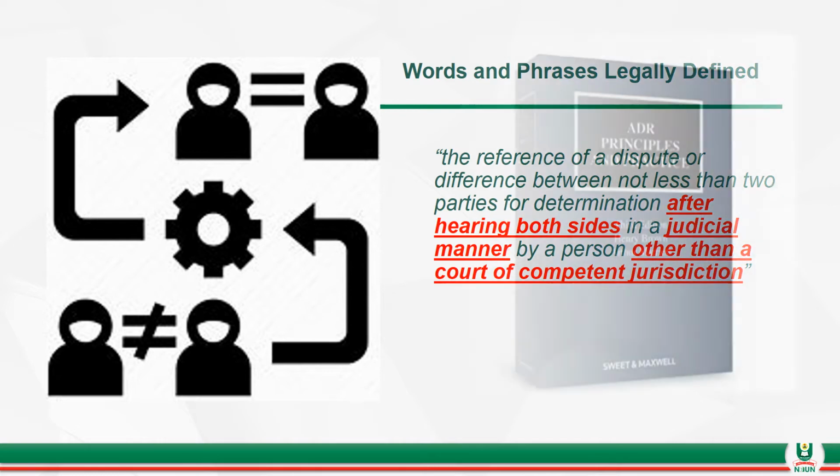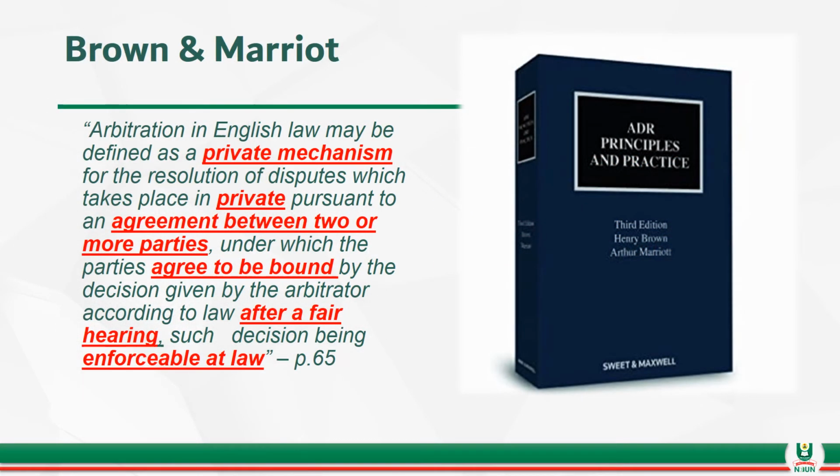Okay, so now, as I said, Brown and Marriott is an authority, the basic text in arbitration. It's like the Bible for arbitration. It is a reference point for ADR generally, and particularly because we're talking about arbitration, a reference point particularly under English law.